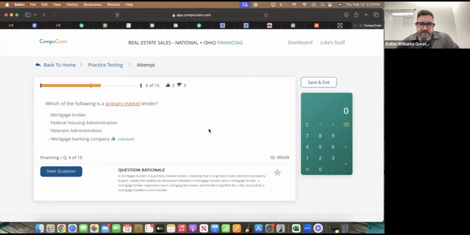Mortgage banking company is correct. A mortgage banker is a primary market lender, meaning that it originates loans directly to property buyers. Under the traditional distinction between a mortgage banker and a mortgage broker, a mortgage broker negotiates loans, bringing borrowers and lenders together for a fee, but unlike a mortgage banker, is not a lender.